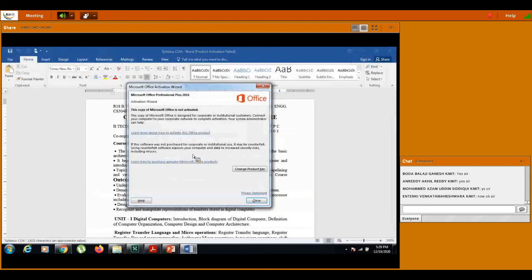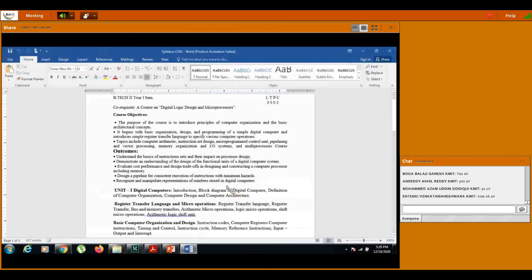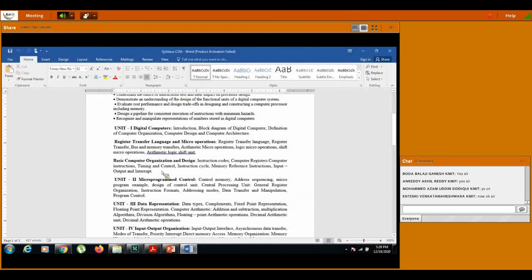Yes, this is the syllabus of computer science engineering branch. In this we have covered the total unit 1. It is the same for IT people also.